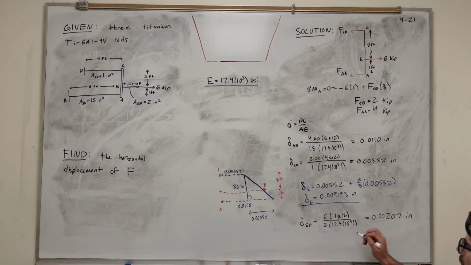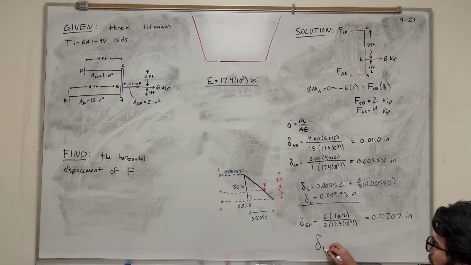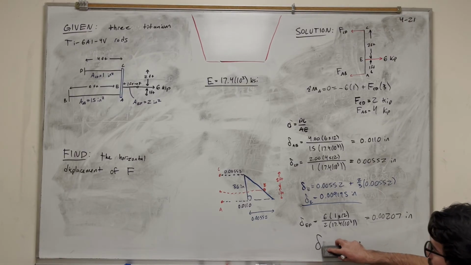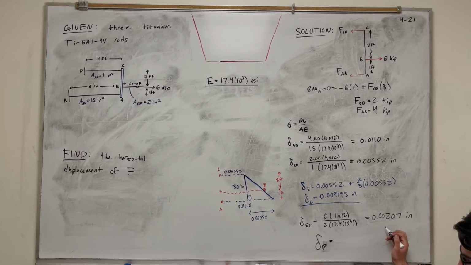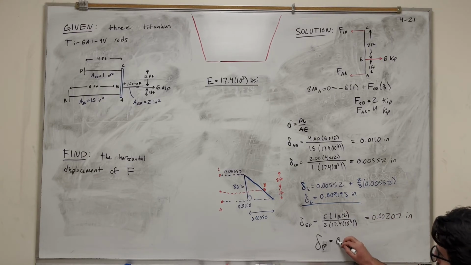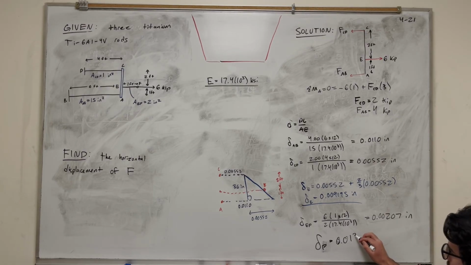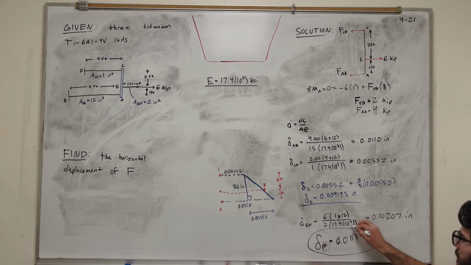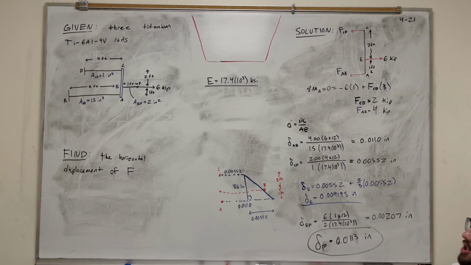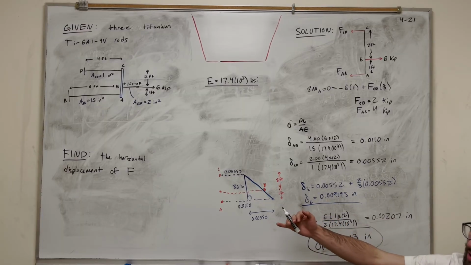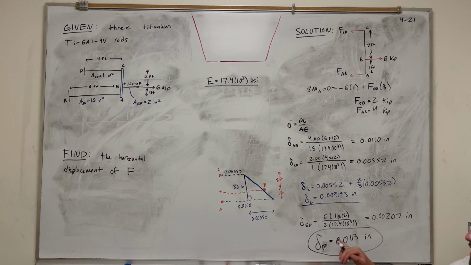All I have to do is add these last two together to get the displacement of F. You add them together and get 0.0113 inches. That's your final answer, 0.0113 inches. It's just about doing each step individually and then doing that geometry. We've done geometry before, we know how to do it. That's how you have to complete this answer.